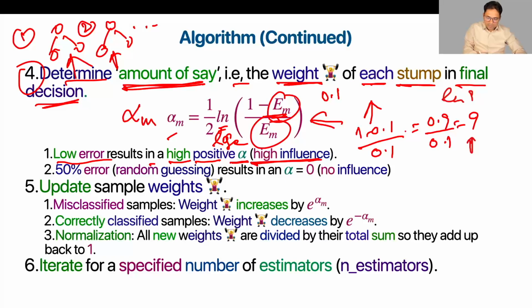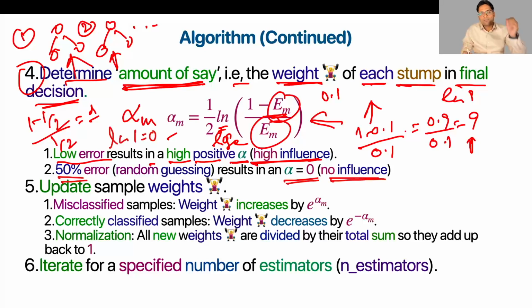But if it is making random guesses, 50% right, then it will be 1 minus half by half, which equals half by half, that is 1. Log of 1 is 0, which means it is making random guesses, 50 right, 50 wrong. So alpha will become 0 and it will have no influence.